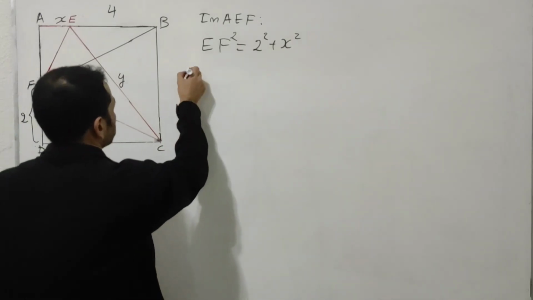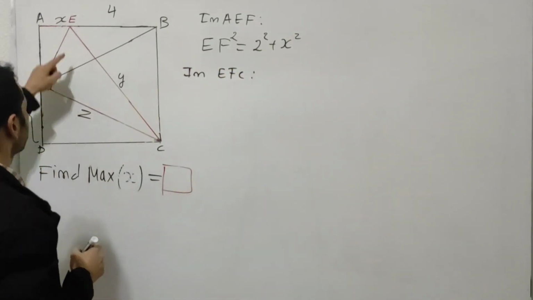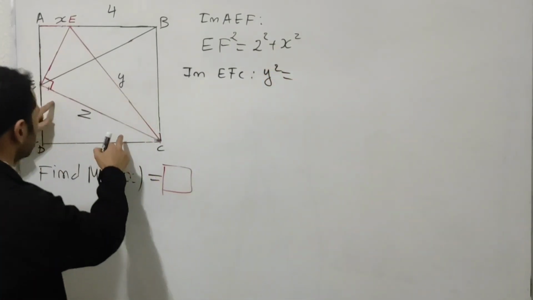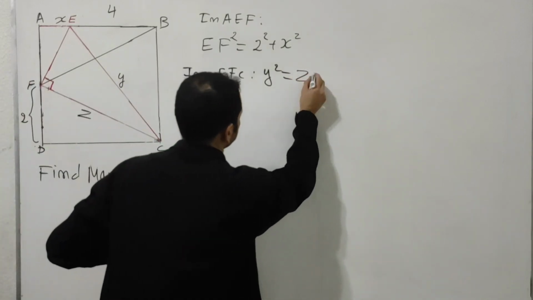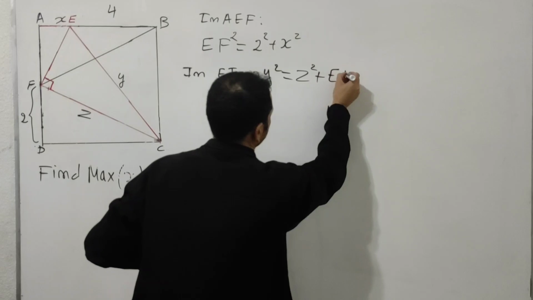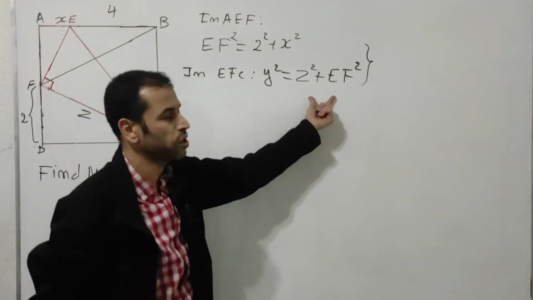In the EFC triangle, I have y squared equals z squared plus EF squared. I'm going to take this EF squared and replace it into this equation.